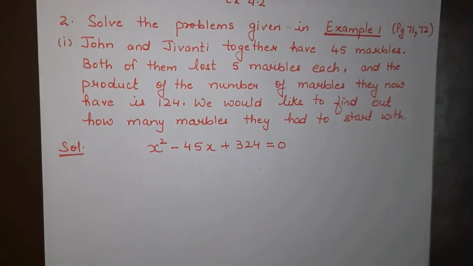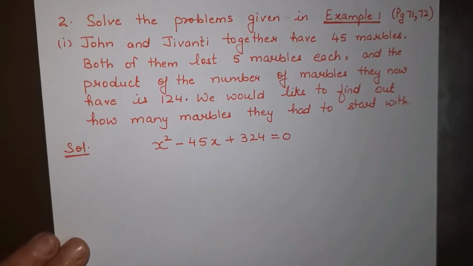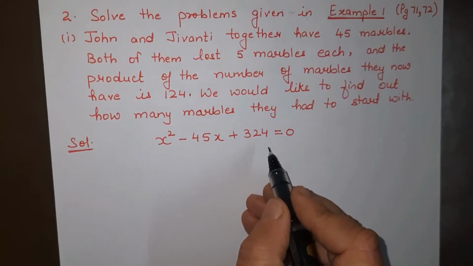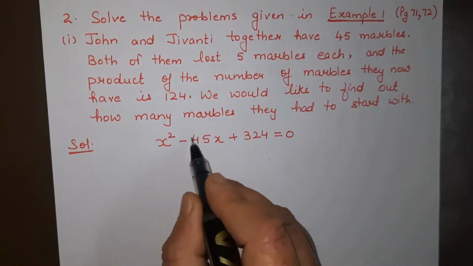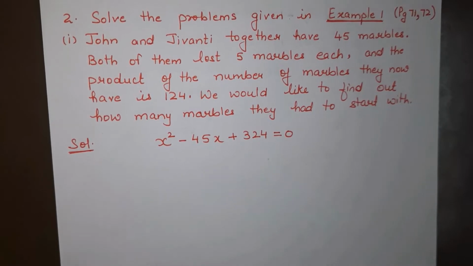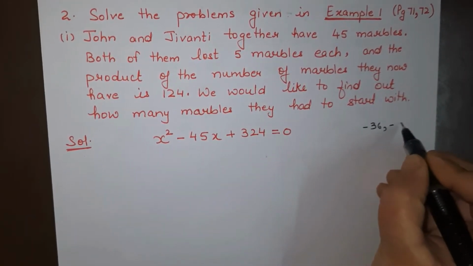Now here in this question, we have to solve this equation. We will use the same method as we discussed in question number 1 of this exercise, that is splitting the middle term. We need two numbers whose sum is minus 45 and whose product is 324. The numbers are minus 36 and minus 9.